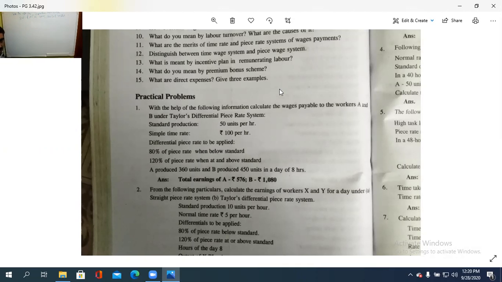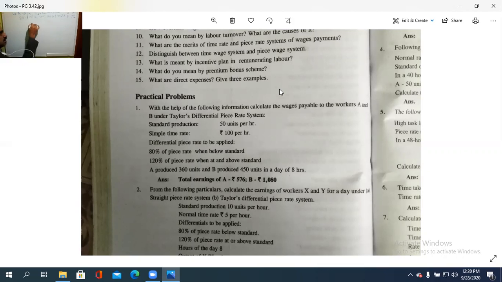A produced 360 units, B produced 450 units at 8 hours. 8 മണിക്കൂർ ശരാശരി പണിയെടുക്കുമ്പോൾ A ഉൽപ്പാദിപ്പിക്കുന്നത് 360, B ഉൽപ്പാദിപ്പിക്കുന്നത് 450. So we will prepare the Tailor's differential piece rate system.